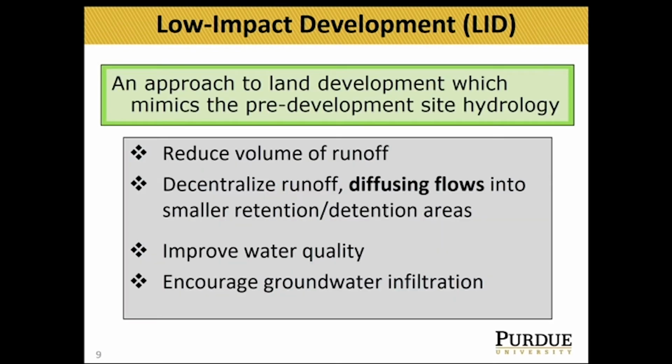The world of low impact development, or sometimes also known as green infrastructure or GI development, is really kind of an approach to land use planning or to land development, which tries to mimic the pre-development site hydrology, or at least, if not mimic, at least it tries to take us back towards pre-development site hydrology.